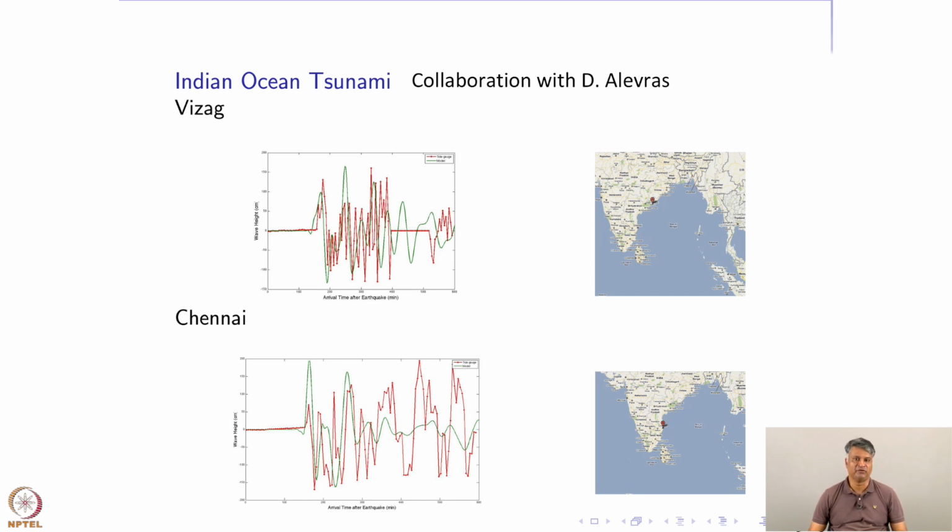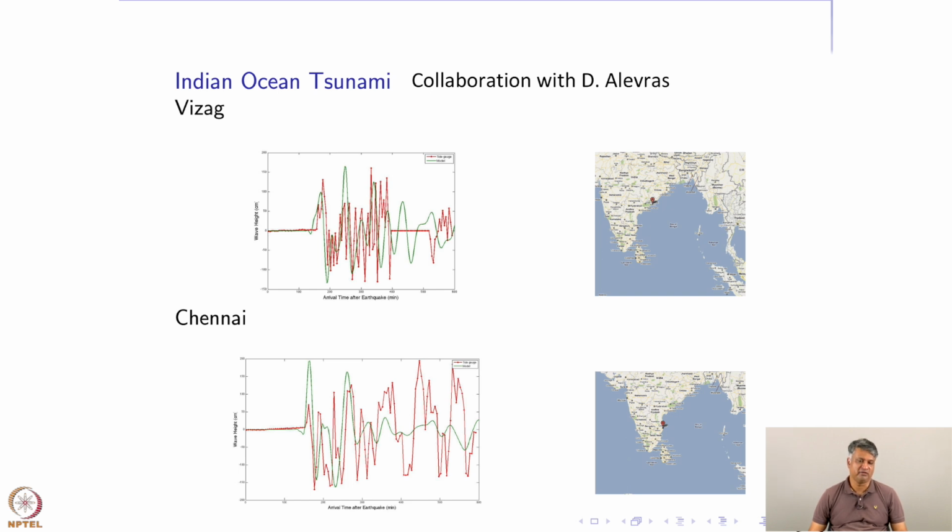data of the wave height and the arrival time of these waves at different locations in India, there was actually measured data, which is shown by the red line. The green line shows the predicted arrival time and arrival height. So we can see in Vizag, the arrival time and arrival height was very accurately predicted.